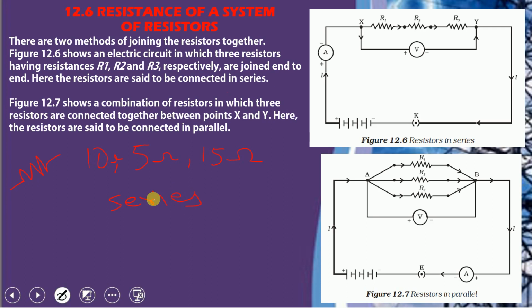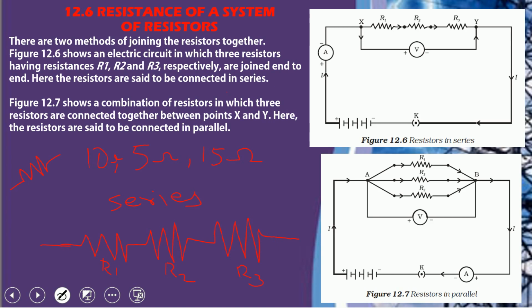What does series mean? Resistances are connected one after another, or end to end. Look, 3 resistors are connected like this, end to end. This is R1, this is R2, this is R3.